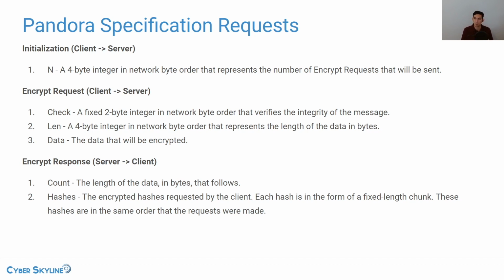What network byte order means is that, it's a 4-byte integer, so we have 4 bytes. Network byte order means that you're reading left to right. It's also referred to as big endian, which means that you read left to right. There's also little endian, which means you read the other way. You read from right to left.